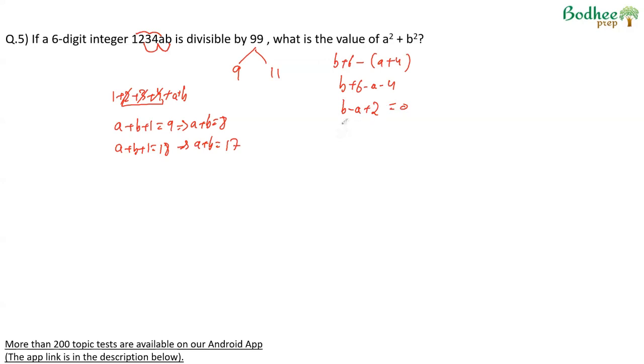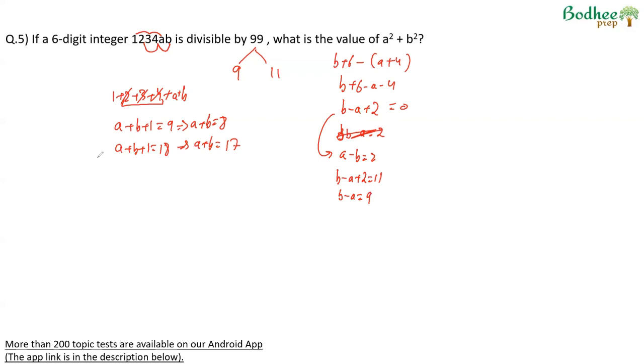Yes, when a is 0. If b minus a plus 2 is equal to 0, this means a minus b will be equal to 2. B minus a is equal to minus 2. Multiplying by minus 1, a minus b is 2, or b minus a plus 2 is equal to 11, which means b minus a is equal to 9.